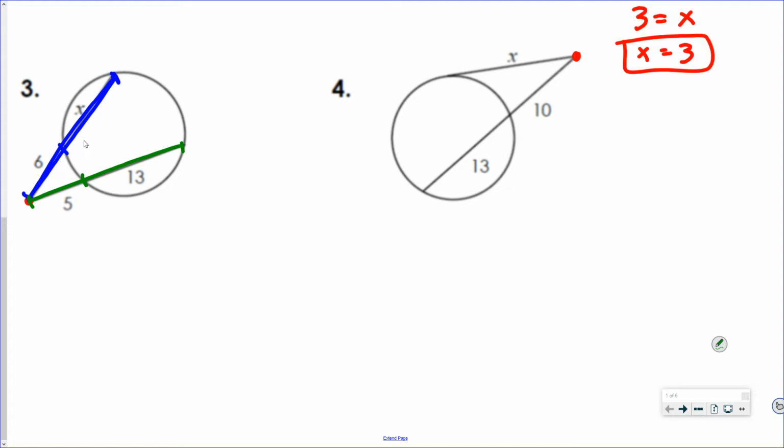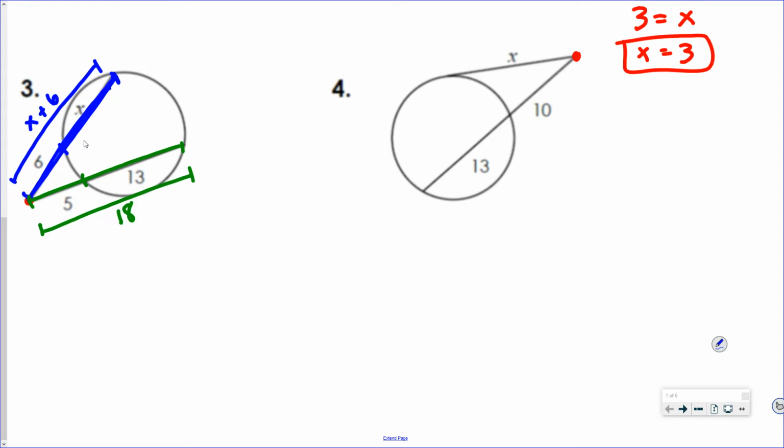You take the exterior piece times the length of the whole segment. Okay, that's the rule if it's exterior. So this whole segment would just be 18. What would my whole blue segment be? 6 plus x, or x plus 6. Yep, not 6x. To find that whole length, it'd be this segment plus this segment.